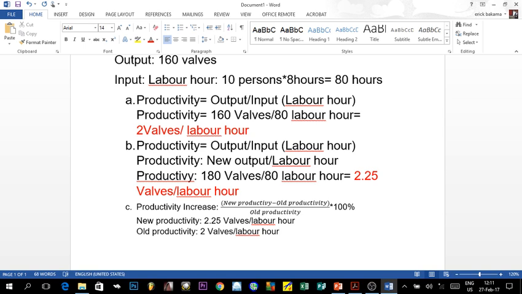We have all the values, we just need to replace them inside of our formula that we already have here. So this is the formula, the productivity increase, and everything inside.